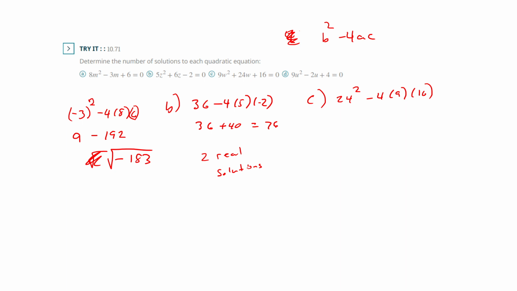I'm sure of it actually. So this is 576, and I bet you that's 576 as well. Yeah, so we are subtracting the same number, so we get 0. Well, we're plus or minusing 0, so that's not going to do anything. We're going to get one solution.